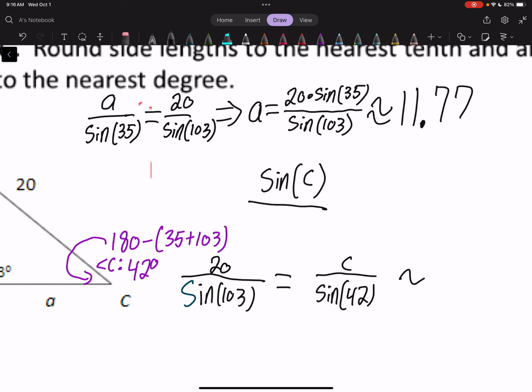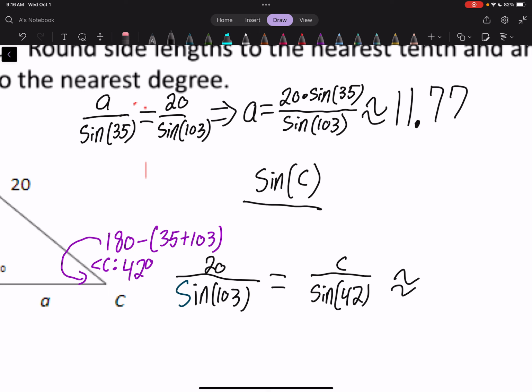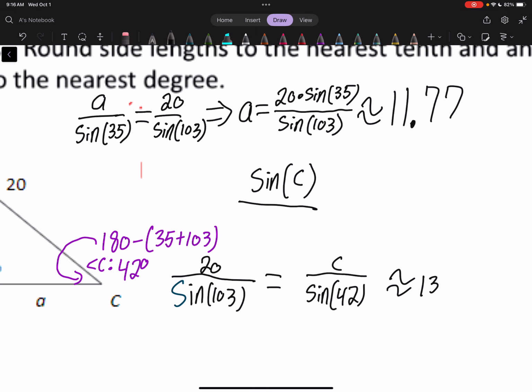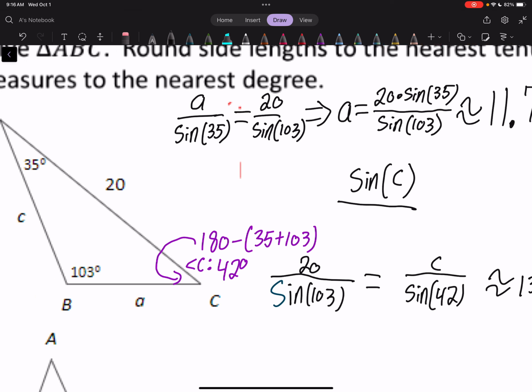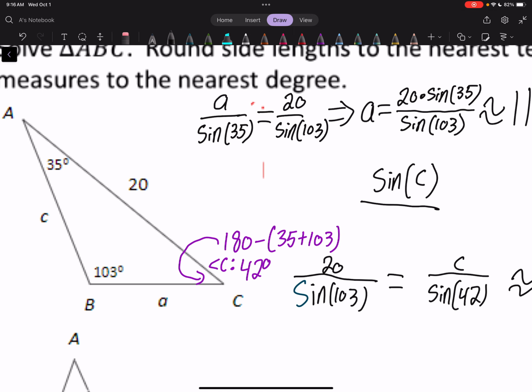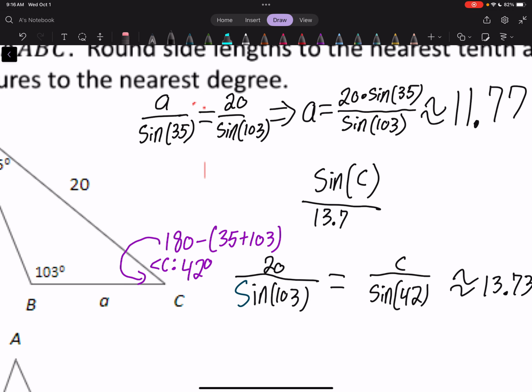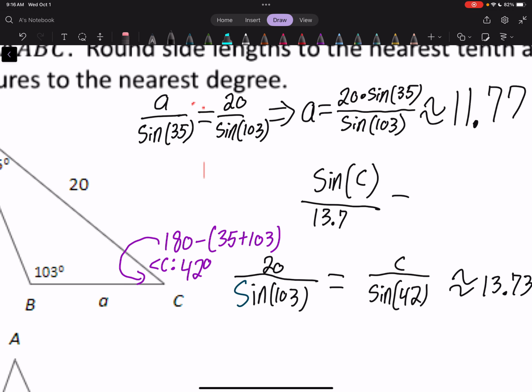Type this in Desmos as we did before. It is approximately 13.73. Okay, assuming I had given you that, you'd put in 13.73 as the denominator to find angle C. You're going to set this equal to either one of your two sides.